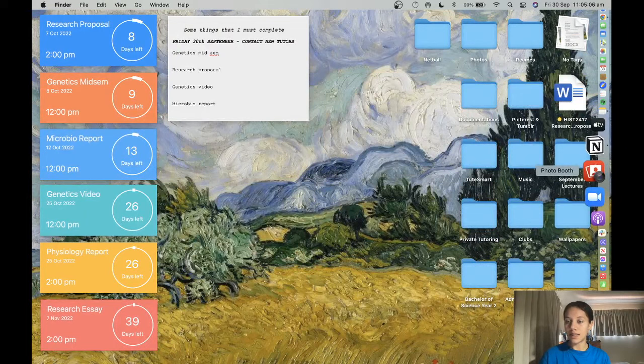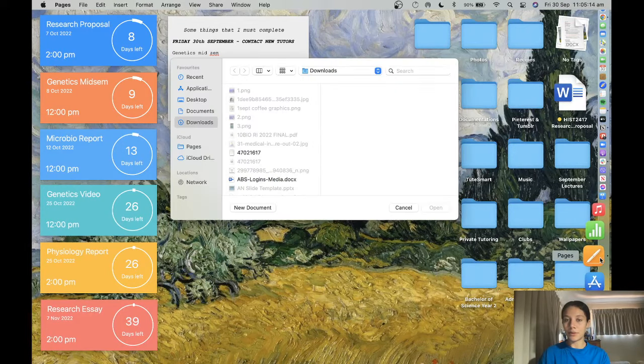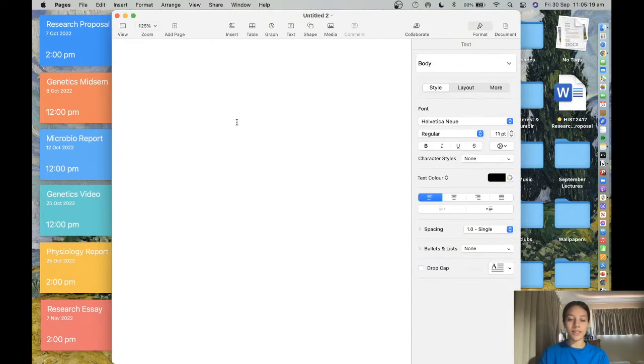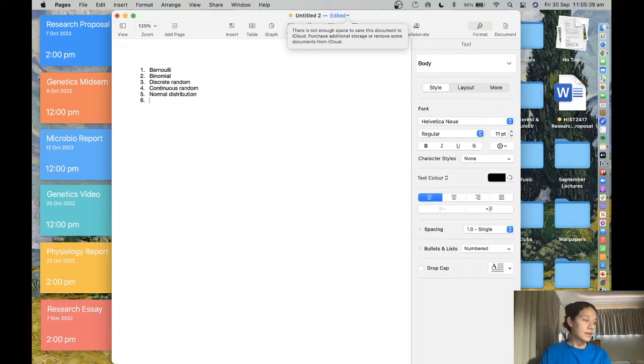Okay, so the summary of the 5 statistics topics you should be really confident with and able to differentiate between: Bernoulli, binomial, discrete random, continuous random, the normal distribution, and sample proportions.